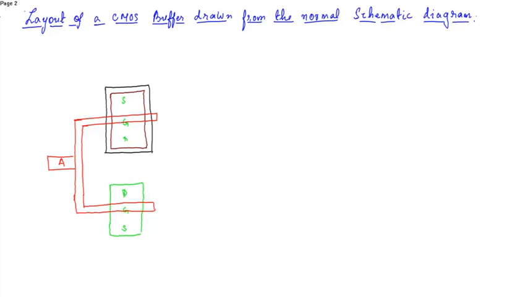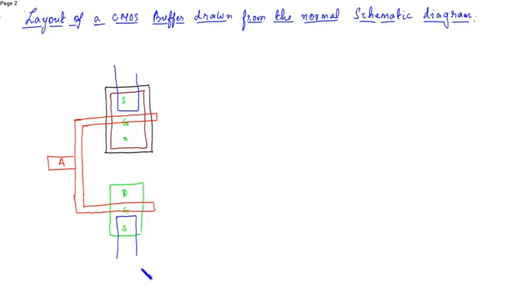Now the source of the PMOS is connected to VDD and the source of the NMOS is connected to ground.